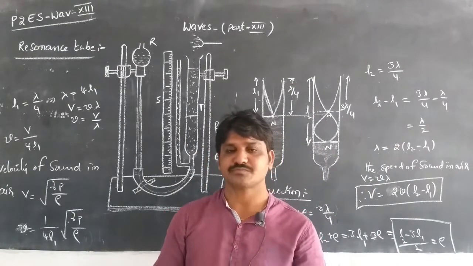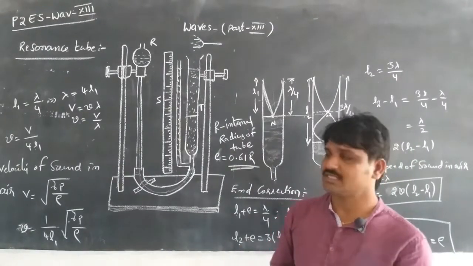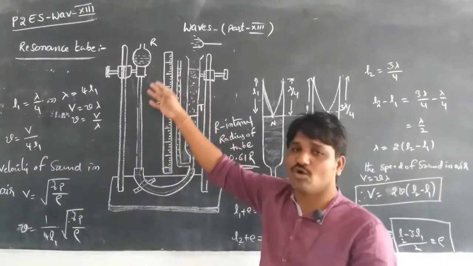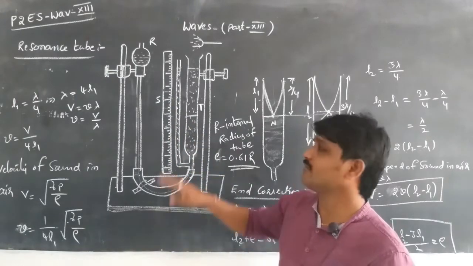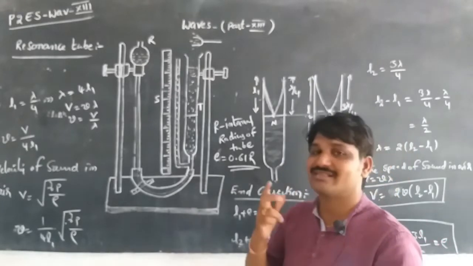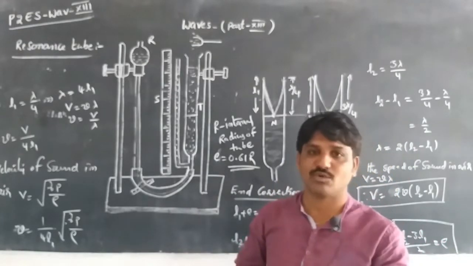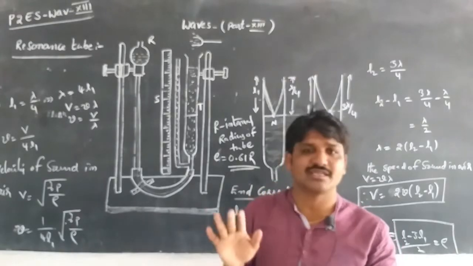Once again, when we use the resonance tube, first the reservoir is moved to maintain the water levels in the tube. At some levels, if we vibrate the tuning fork, we can hear the sound. That is the first harmonic. At all other points, we can't hear the sound.